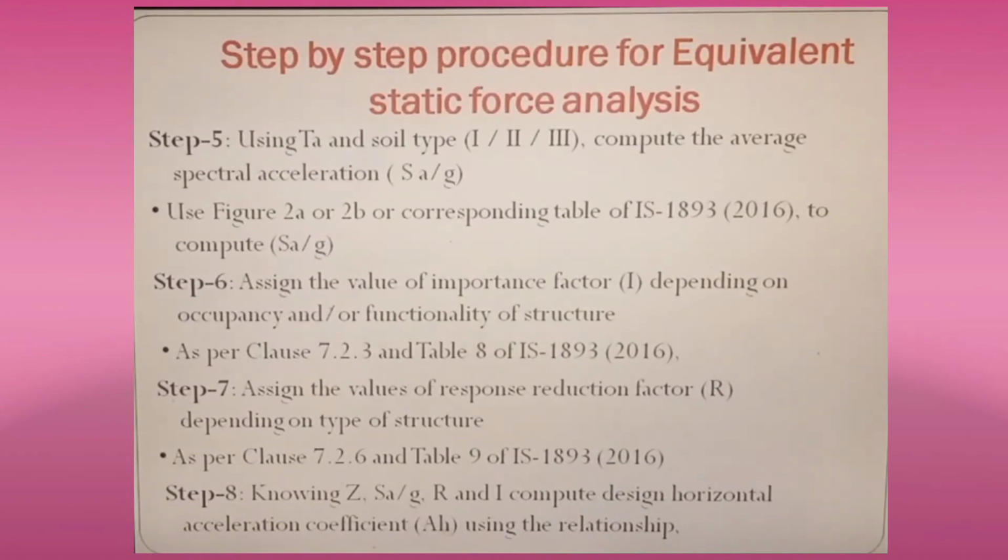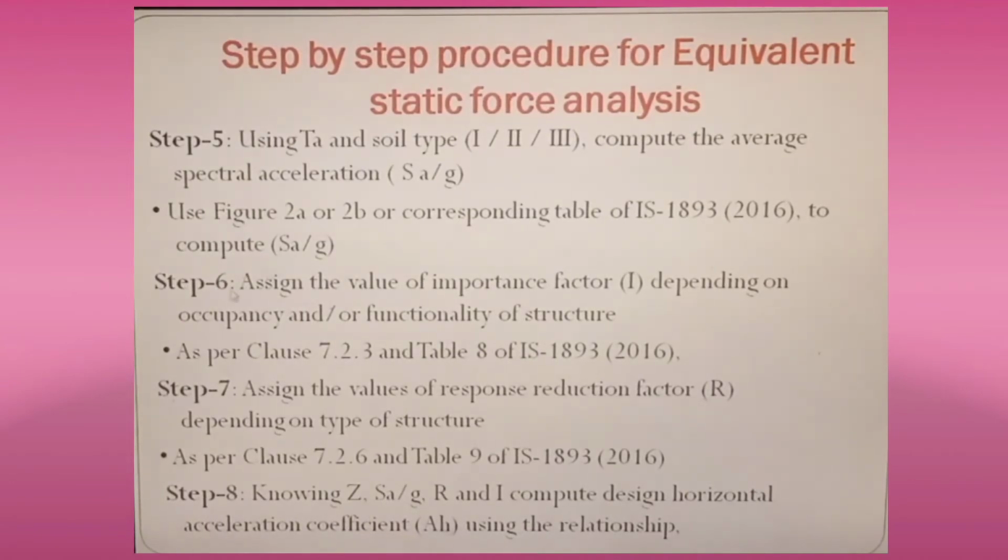In the 6th step, what you need to do is assign the value of the importance factor. We have discussed what the importance factor is. Assign the value of that importance factor, that is I, depending on the occupancy and functionality of that particular structure. Importance factor means how important that structure is, whether it is a residential building, a commercial building, a hospital building, or a school building.